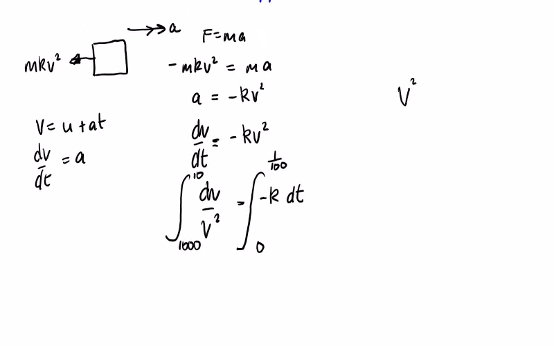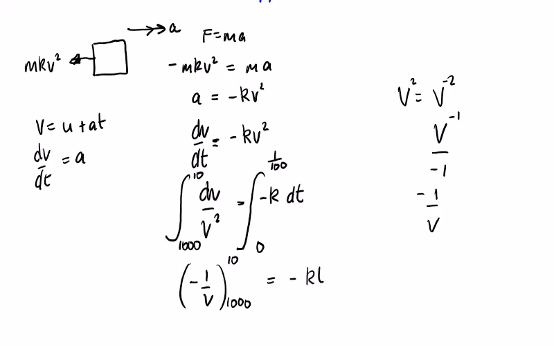So v squared is equal to v to the minus 2. Integrating it, we increase the power and divide by the new power, which is going to be minus 1/v. We can multiply across by a minus to get rid of the minus. Between 10 and 1000 is equal to minus kt between 1/100 and 0.